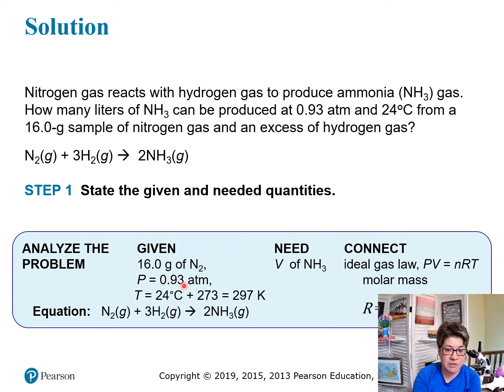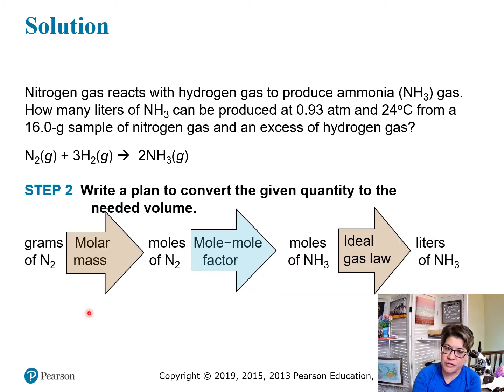Even though it's not 1 atmosphere, you're just in units of atmosphere. And then you've got your equation. So here are your steps. You're going to take your N2 grams and convert that to moles of N2, and then use your mole-to-mole factor to convert it to moles of NH3, and then use your ideal gas law to convert that to liters of NH3.